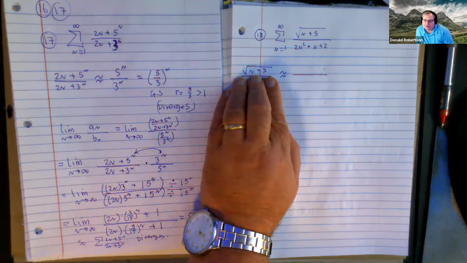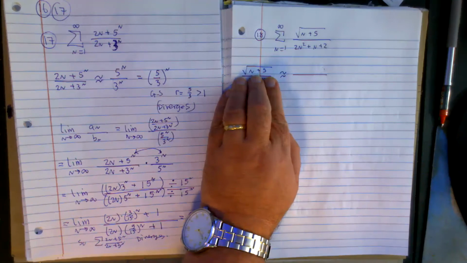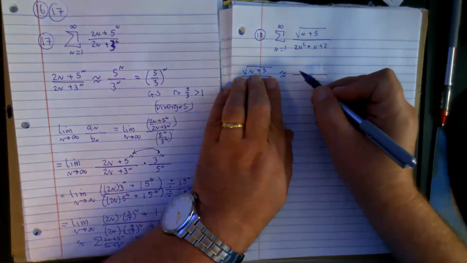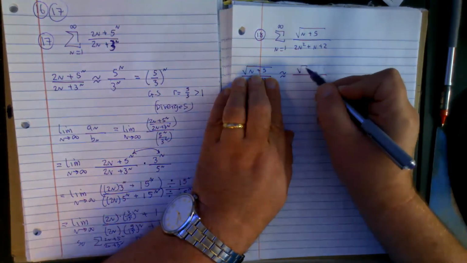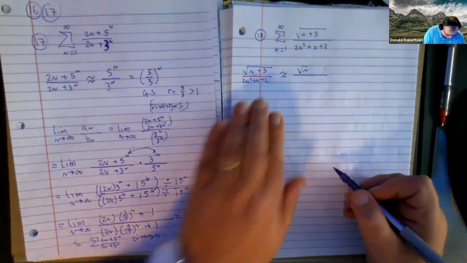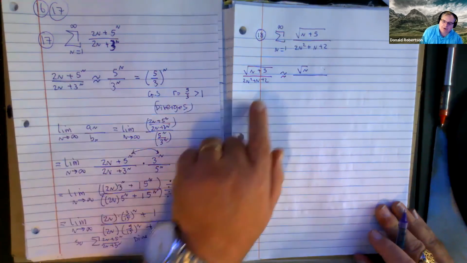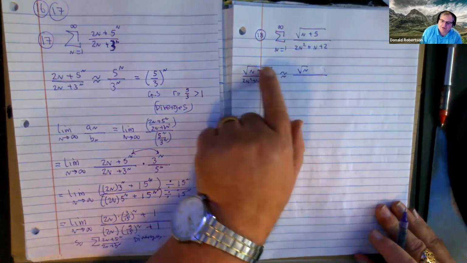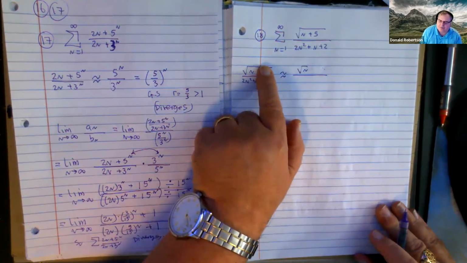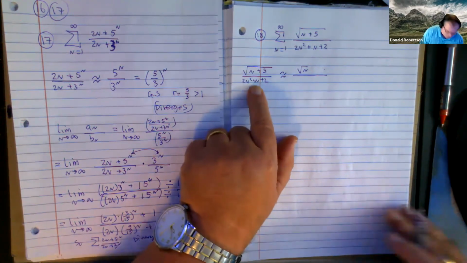Only write it as a single power of n. What would you get? It's just the square root of n. Not anything more. Basically getting rid of the 5. Because in the big scheme of things, a billion and a billion and 5 isn't really much different, right? It's still n.